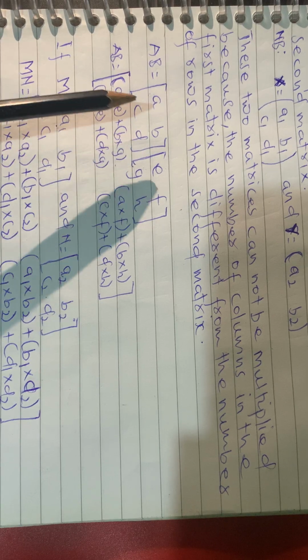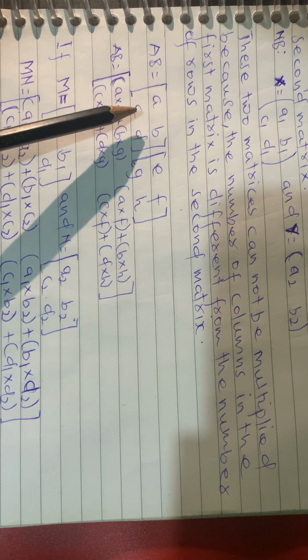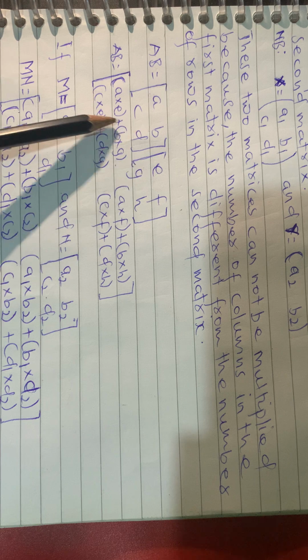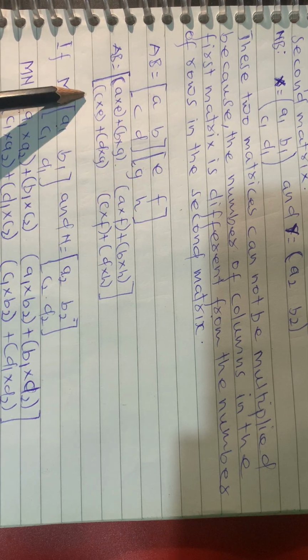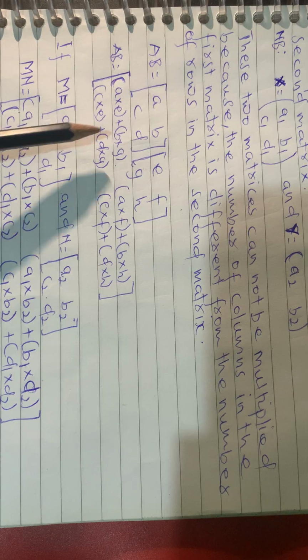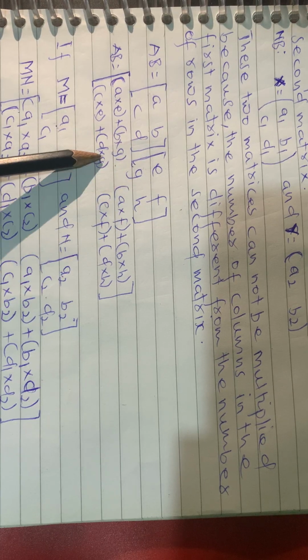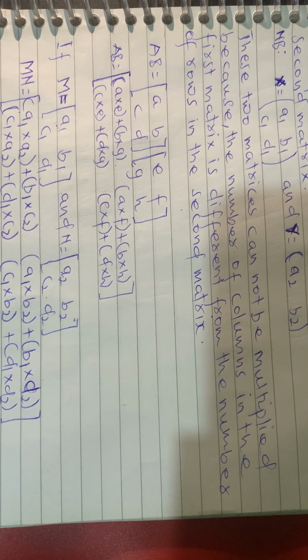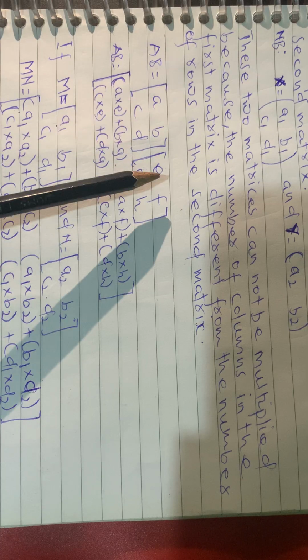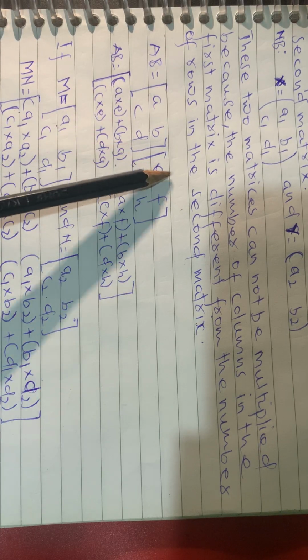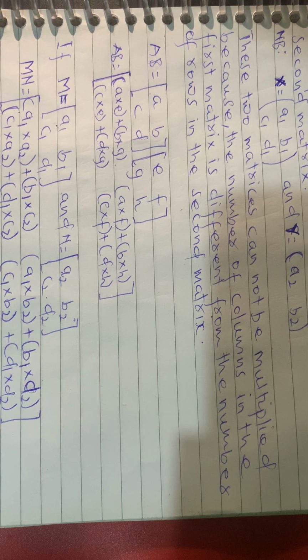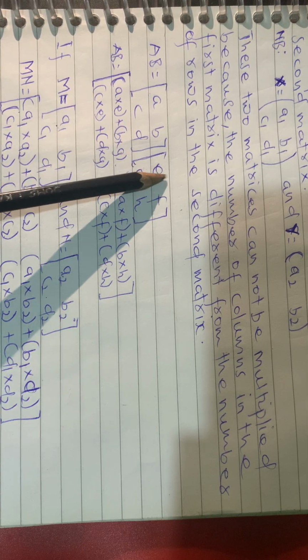We're going to have C times E plus D times G. Use the first row to multiply, that will be the top. Use the second row to multiply, that will be the bottom. So we are done for this first column.